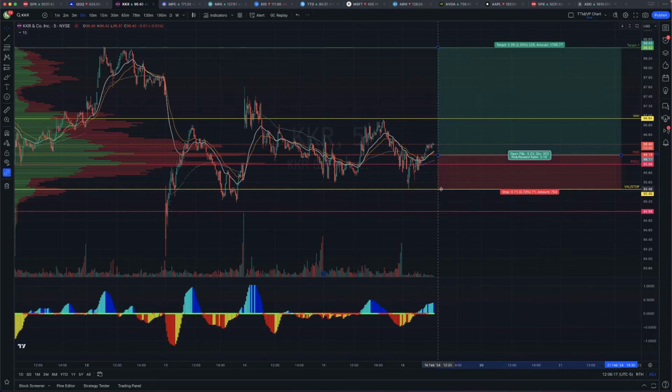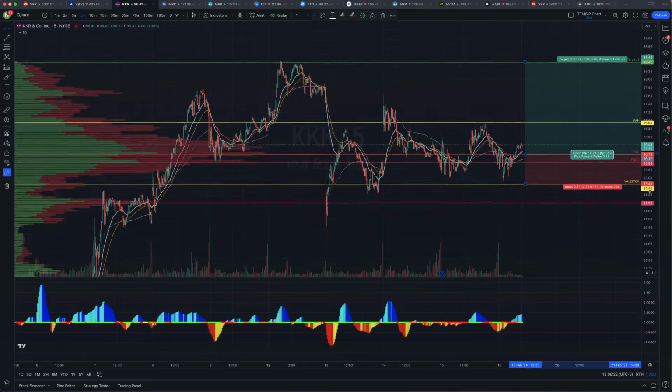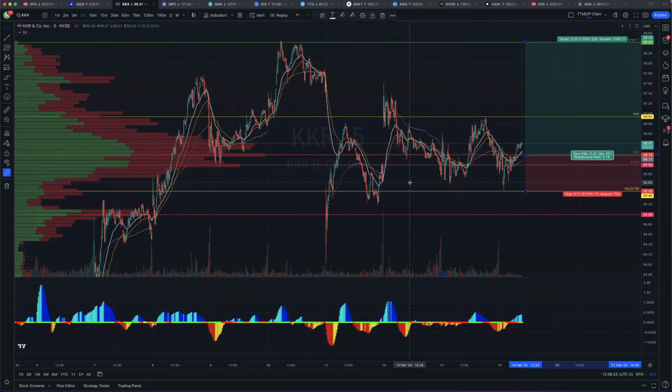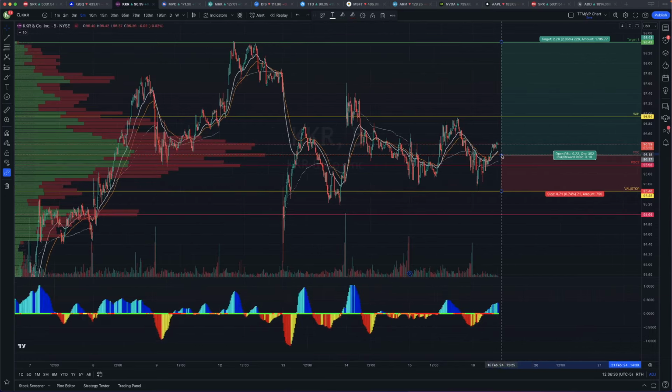And this is definitely a support area. So I'm going to adjust to there, and that will be my stop level. Okay, so I have a 3-to-1 risk reward. If I were to just pick it up right now, I'd still have a 2-to-1 risk reward, but I kind of like this 3-to-1, so I'm going to wait.